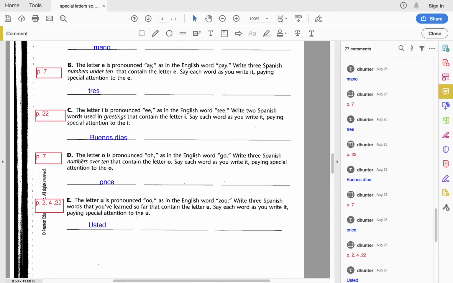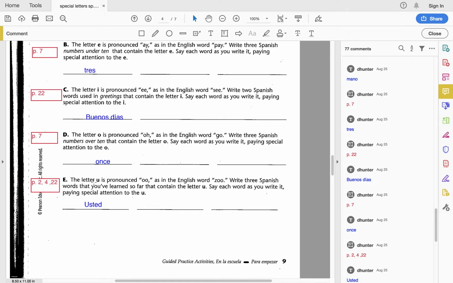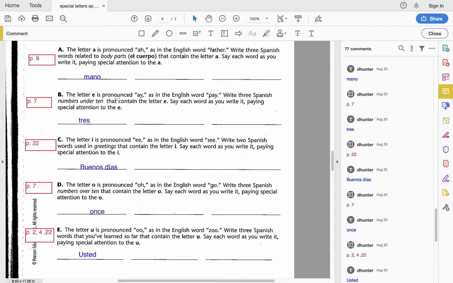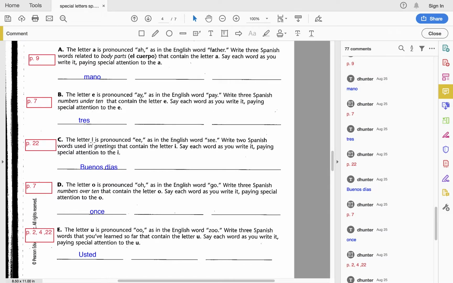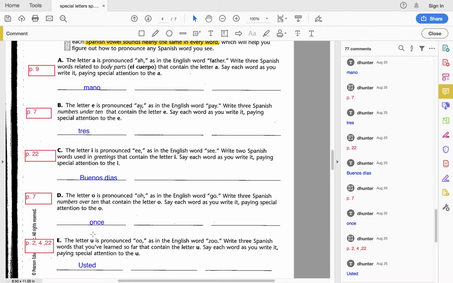Y O, the letter O, is pronounced O, as in the word go in English. Y U. U is pronounced U, as in the English word zoo. So again, A, E, I, O, U. Those 5 sounds are what all letters build off of in Spanish.